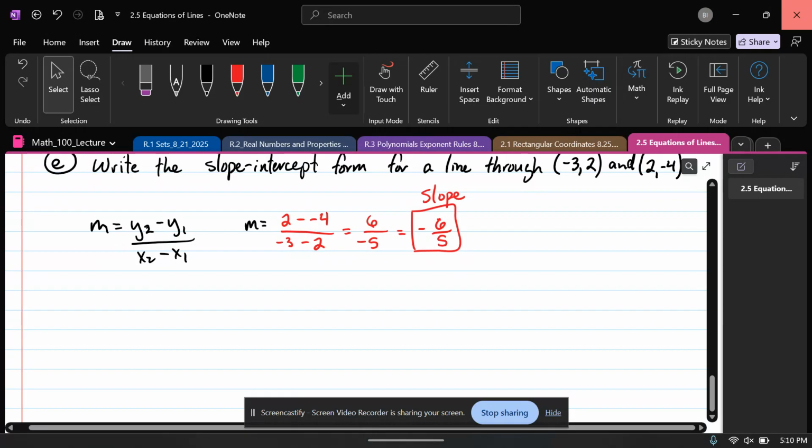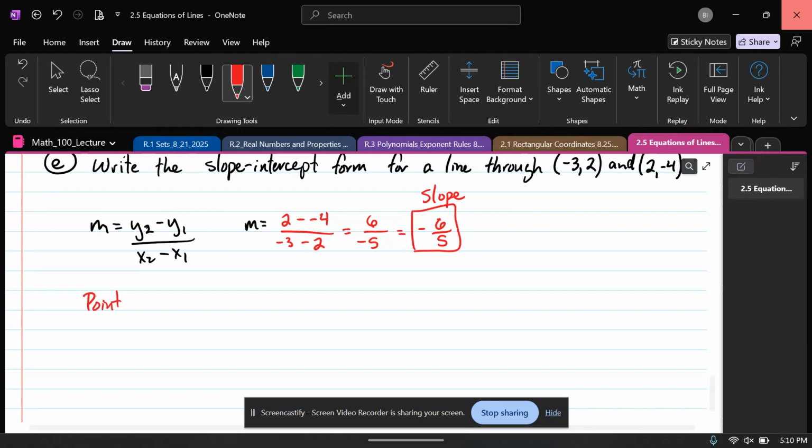I'm going to do the point slope form of this, and I'm going to use -3, 2. That's the point I'm choosing to use. So I've got y minus 2 equals -6 over 5, x minus -3.